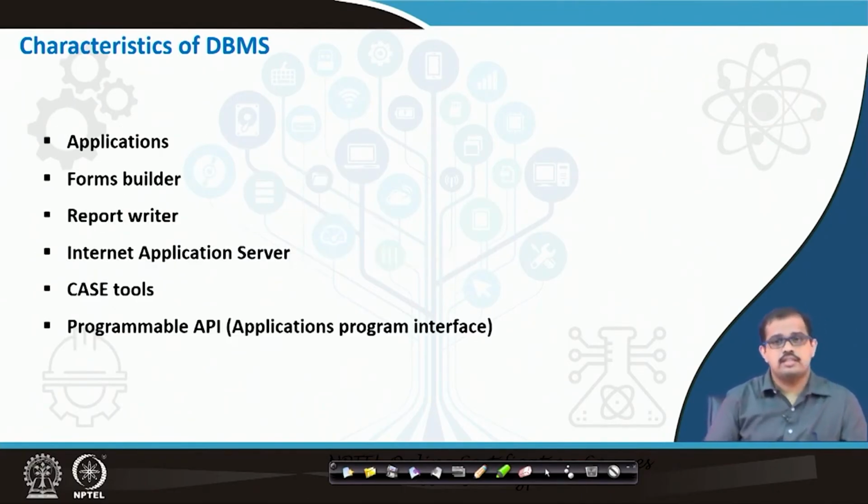And when we look at the characteristics of a database management system, we also can look at it in terms of application. I have already spoken about each of these. There's application, there is a form builder, a report writer, an internet application server which is actually interacting with the user and different portals.